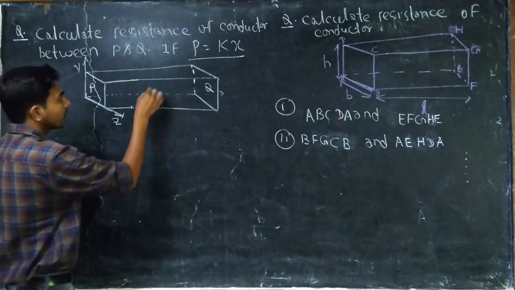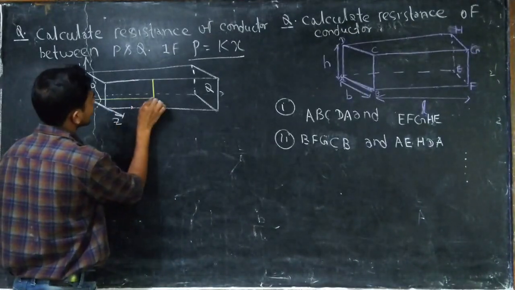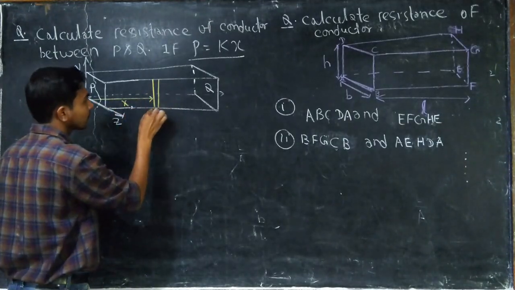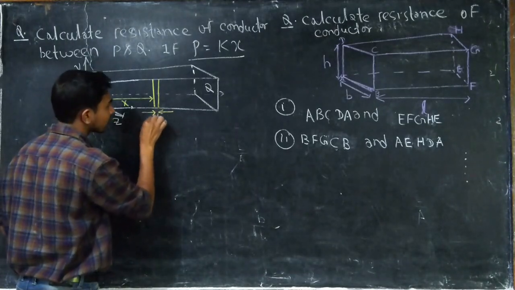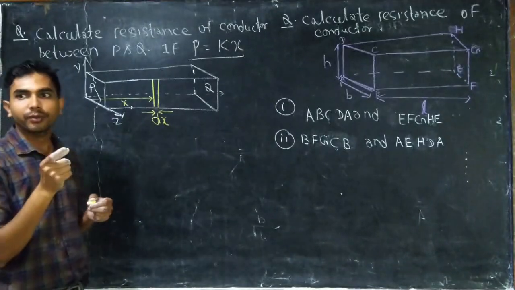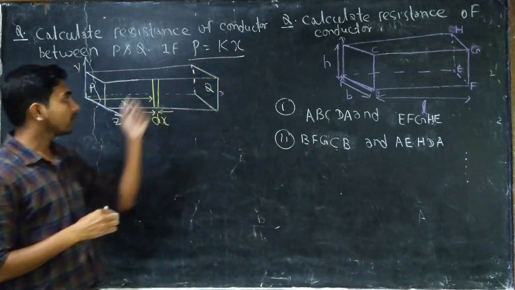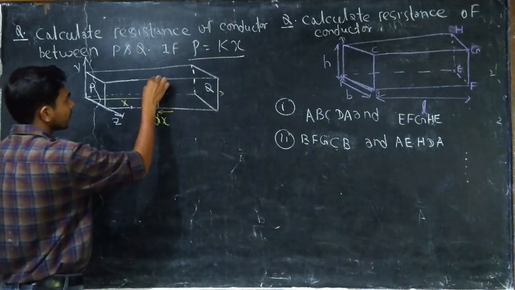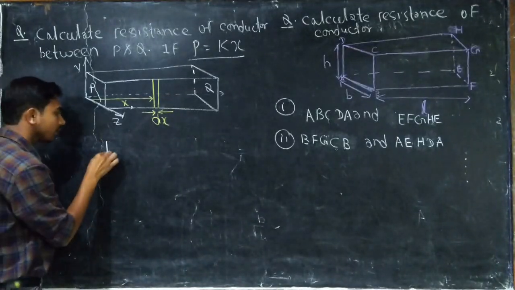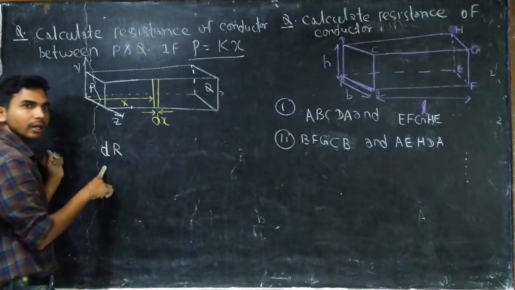Suppose I go to a distance x from this one and consider a small element dx. For this small element, we can consider the resistance to be constant. So the small resistance due to this small element is dR.